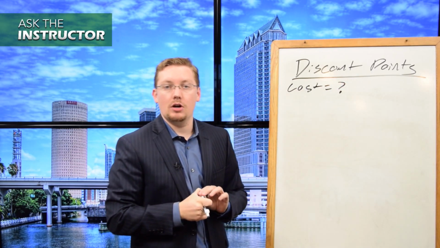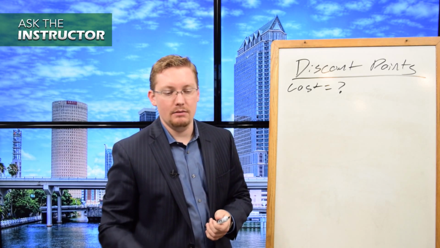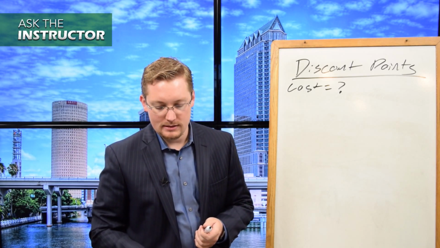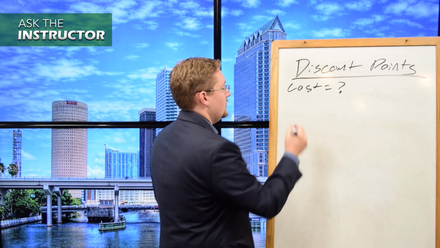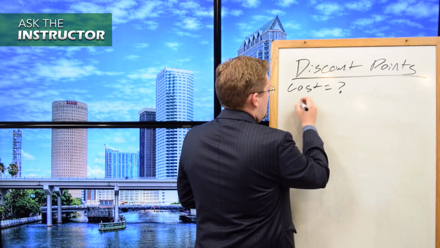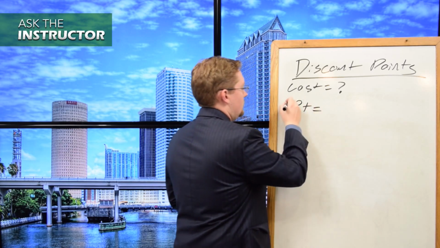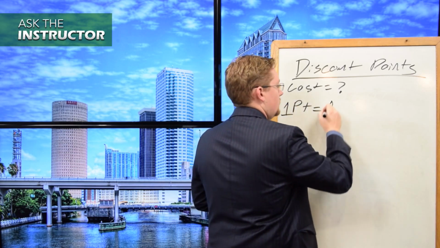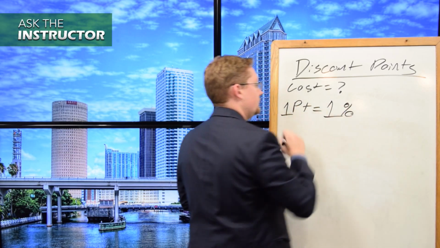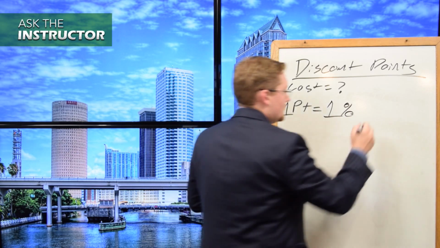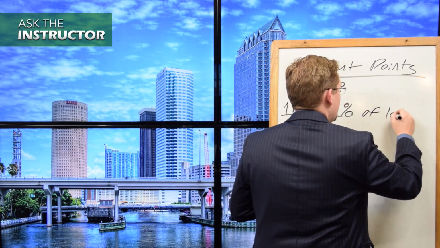If we're looking for the cost, how much money has to be paid out of pocket by a borrower for discount points, essentially what we have to know is that 1 point is equal to 1%. And 1% of what? Of the loan.